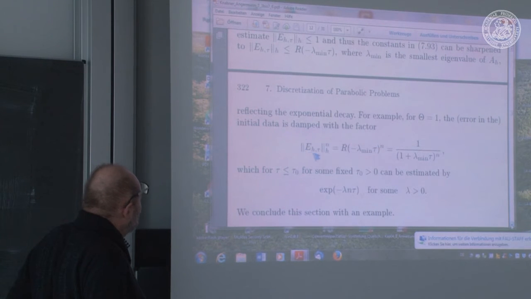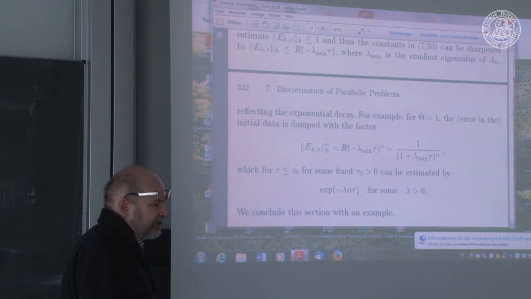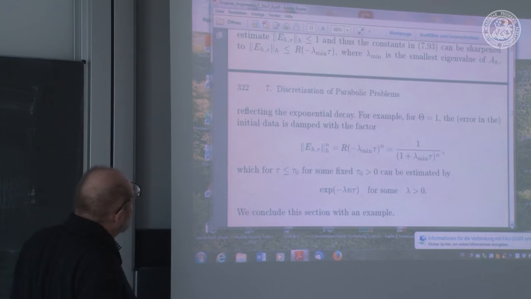We have seen that if we estimate this norm here by 1, of course we don't see any damping. So what we have to do is estimate this norm, or what is the same thing, the corresponding R value, by something which is less than 1. And here we can do that.